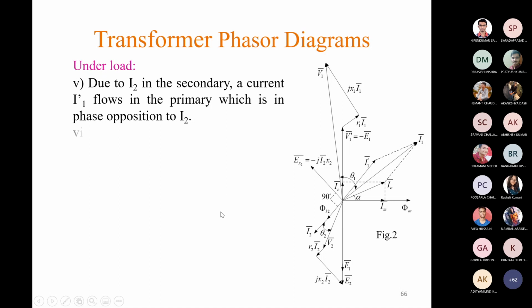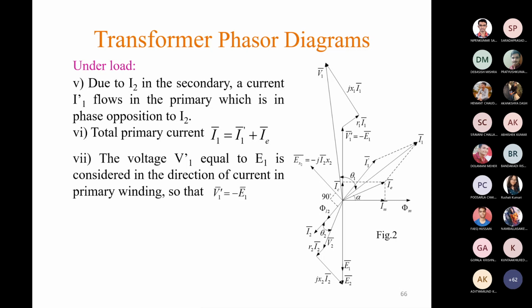And I1 dash is the load component of primary current. So total primary current is I1 equals I1 dash plus IE, that means the phasor sum of I1 dash and IE. The voltage V1 dash equal to E1 is considered in the direction of current in the primary winding. So V1 dash equals minus E1.